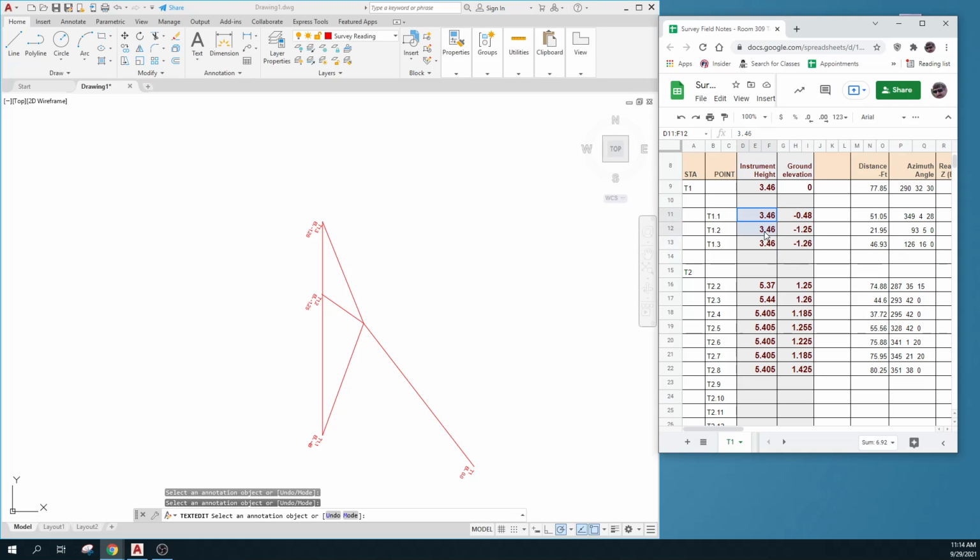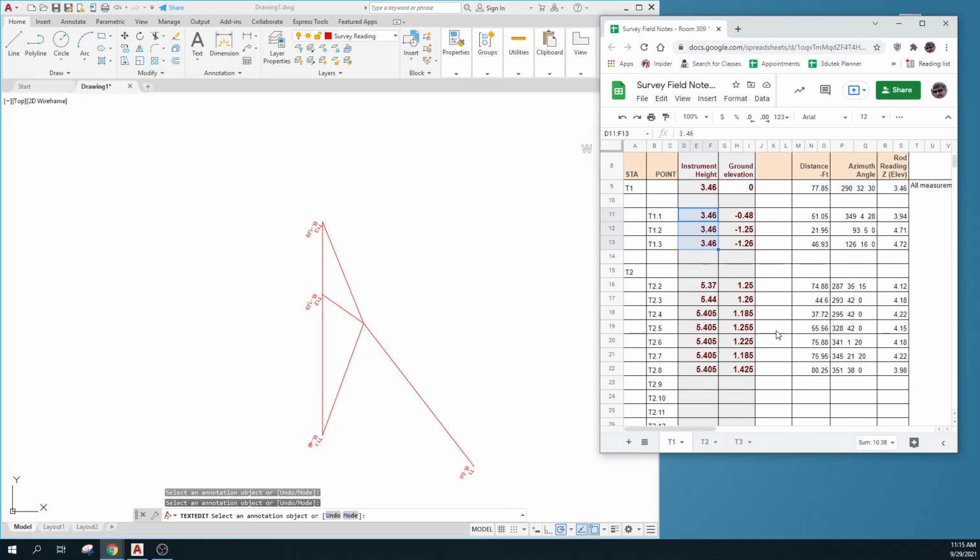It's my instrument height minus what my rod reading is. Okay, and we went through that all before, right? And so you know how to do that. Okay, now hopefully I've got the right ones on here. Doesn't really matter, but that's what you'll end up doing, right? You'll get those rod readings correct.